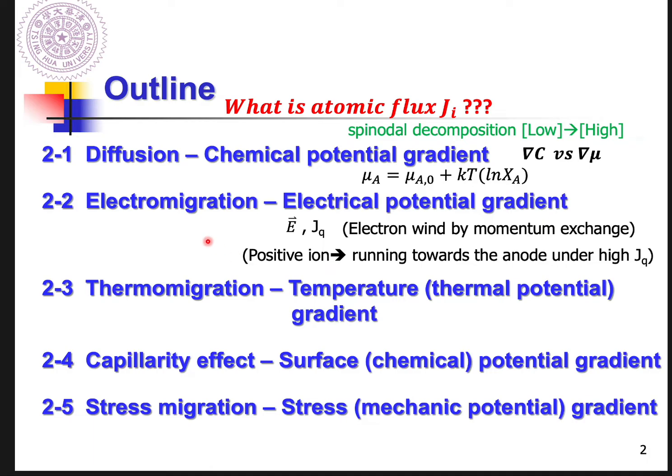However, if you apply a very large electrical field on metals, there will be a different story, right? Because for metals, a large electrical field will cause large electron flows. As long as this electron flow is quite large, it will push the positive metal ions toward the anode.